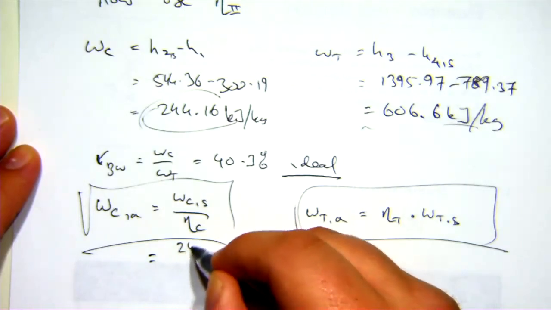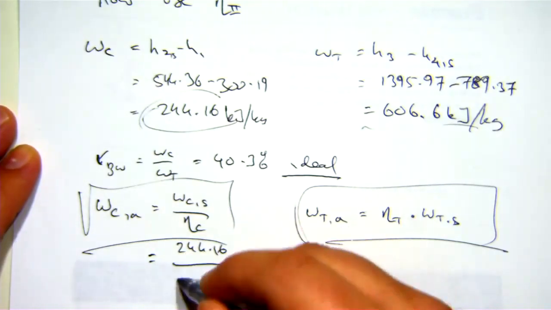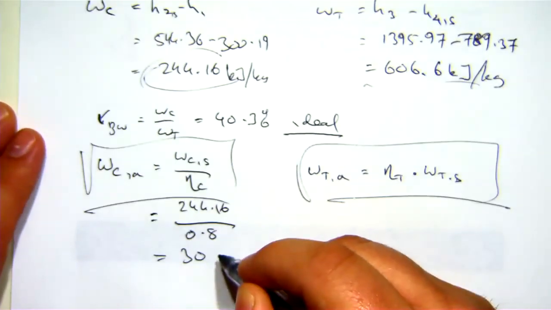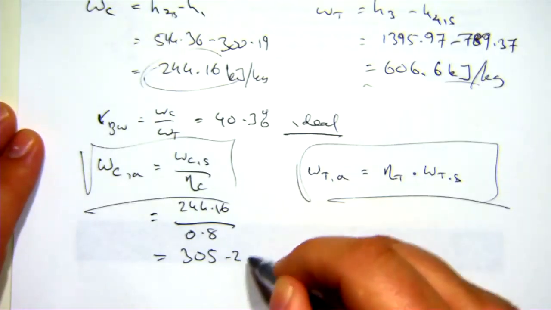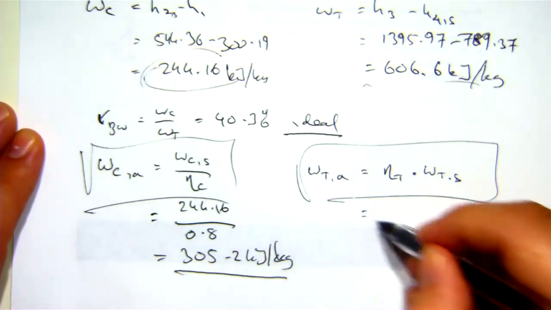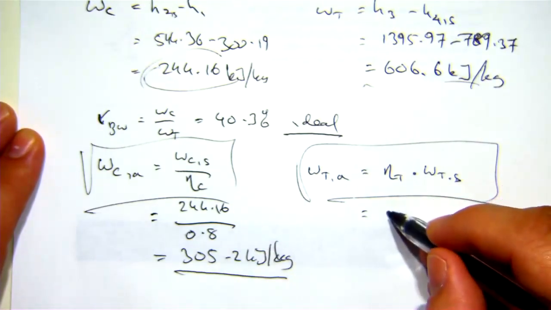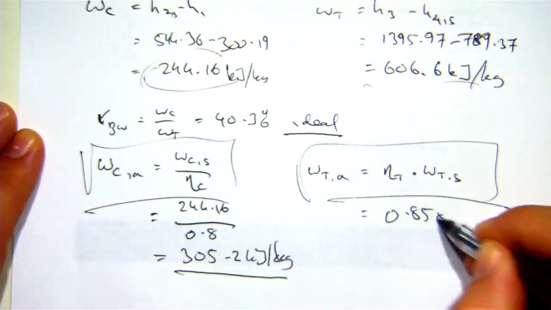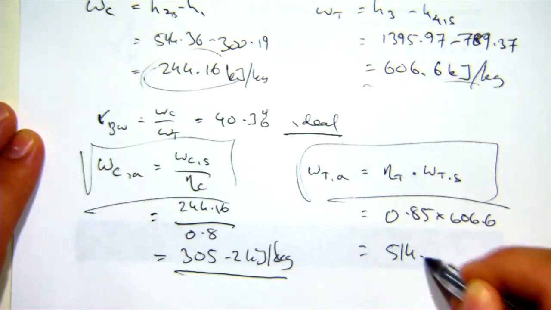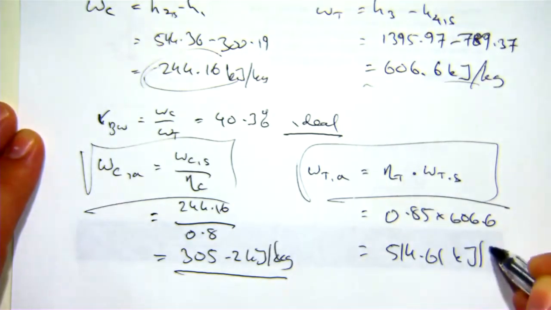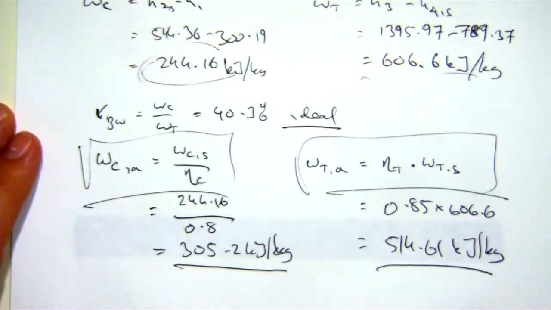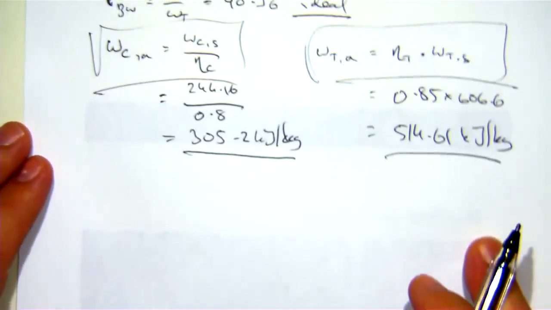This will give me 244.16 for the isentropic compressor work. My actual compressor work should be bigger, and my actual turbine work should be smaller. Now that I have these, I have all the information I need to solve the problem.